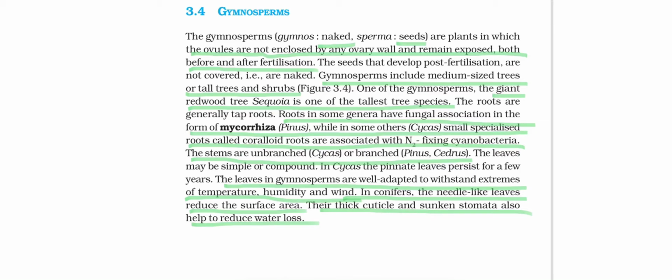So the term which we have earlier used is mycorrhiza. फंगस वाला टॉपिक जब हमने किया था तब हमने ये देखा था कि fungus is present in association with the roots of pinus, means higher gymnospermic plant, ऐसा हमने mention किया था. तो यहाँ पे हम perfectly देख सकते हैं कि pinus is in combination with and is in symbiotic association with fungus and now it is known as mycorrhiza.